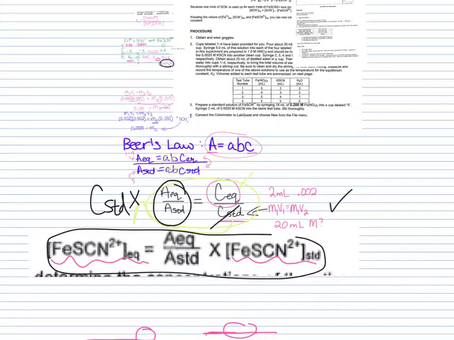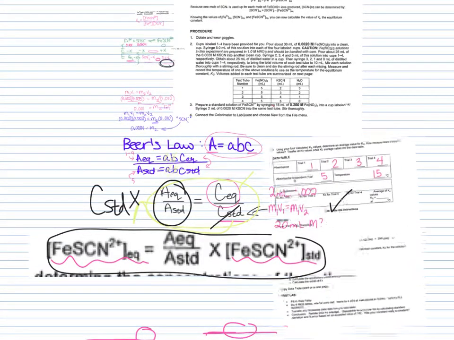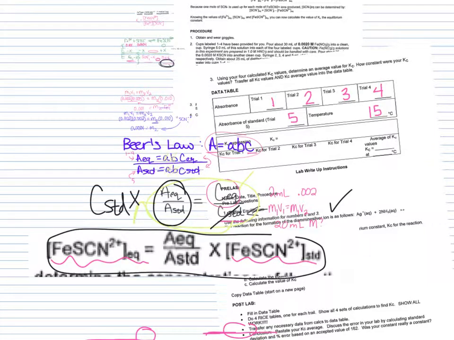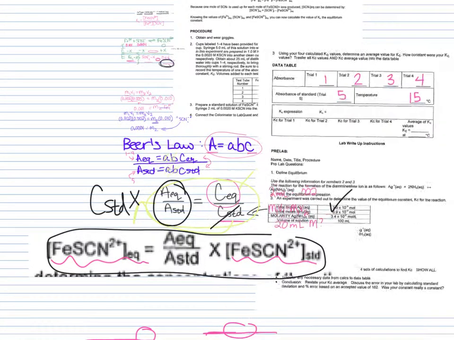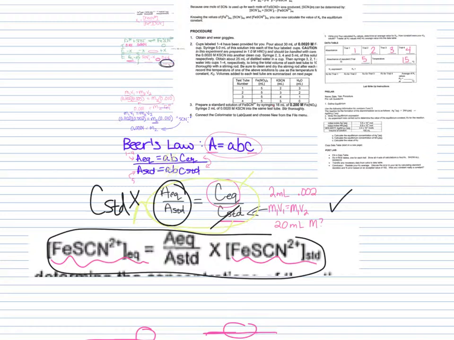These values are coming straight from your data table. So I went ahead and gave myself some mock data. It is 1, 2, 3, 4, and my standard is 5. Will it be way off from yours? Yes.